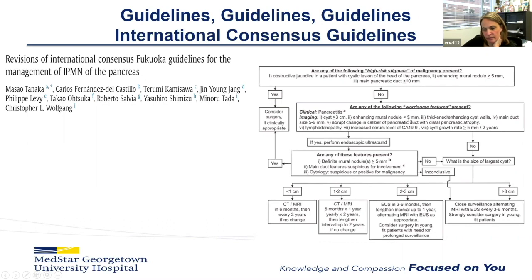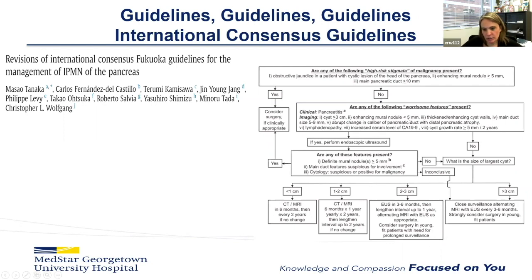And the idea here is not that these are invasive cancers that are small that you can watch, but that the limit of our imaging resolution to adequately characterize an enhancing mural nodule that's 3 millimeters and be certain that it's in fact a solid component rather than mucin or some imaging related issue, where something is caught in a plane that makes it appear to be nodular when it in fact is not, I think really is why this is put in the worrisome features category.